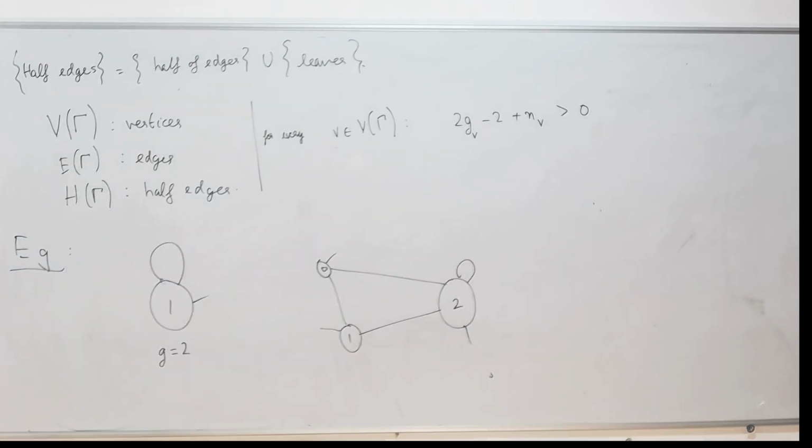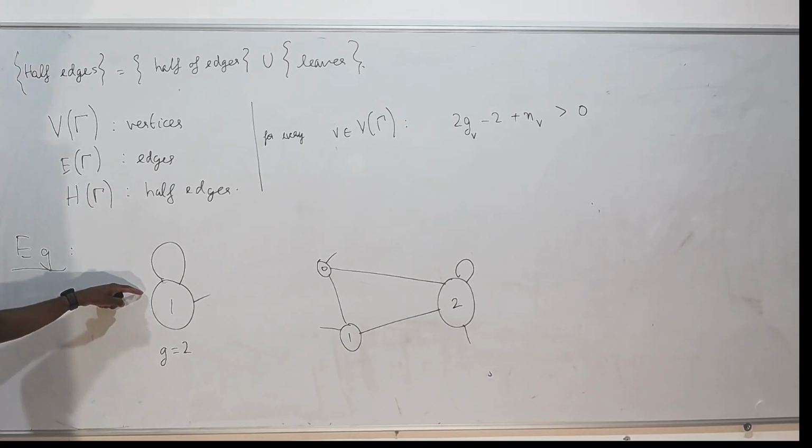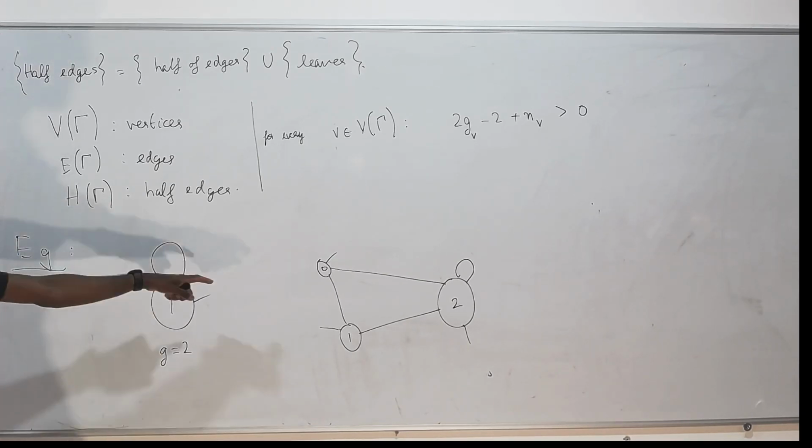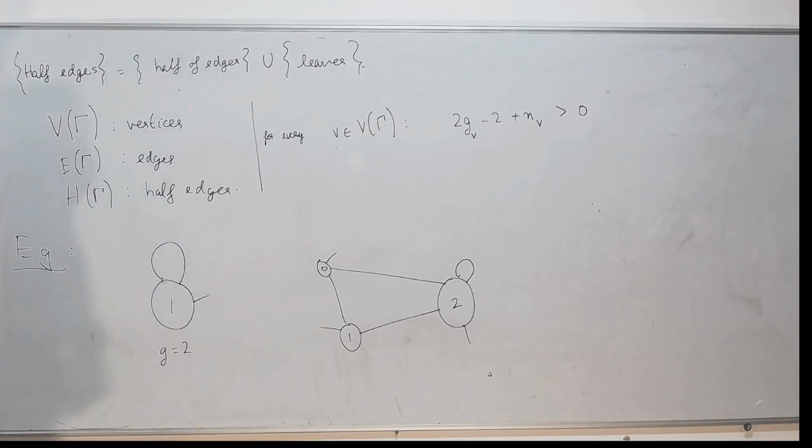Yeah, exactly. If I have multiple edges connecting to the same vertex? Yeah, like here. Yeah, you can have two nodes, exactly.